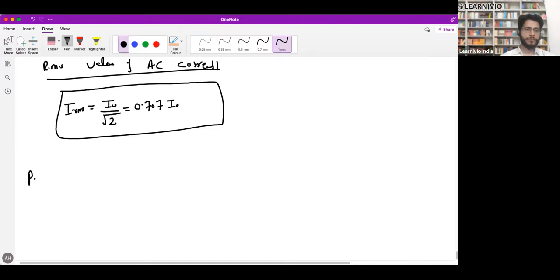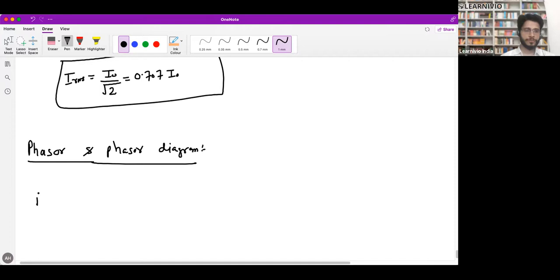The next topic is phasor and phasor diagram. See what are phasor quantities. Phasor is a general term for all quantities which change sinusoidally with time.